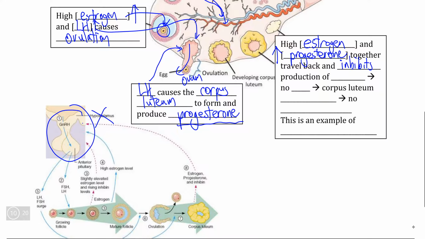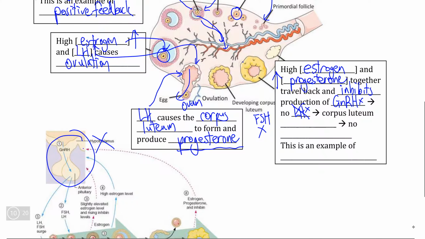for the hypothalamus. And if the hypothalamus is not active, that means that we don't have any GnRH production, which means in addition to shutting off FSH and therefore shutting off estrogen production, we also no longer have LH, and therefore we have no way to sustain the corpus luteum.